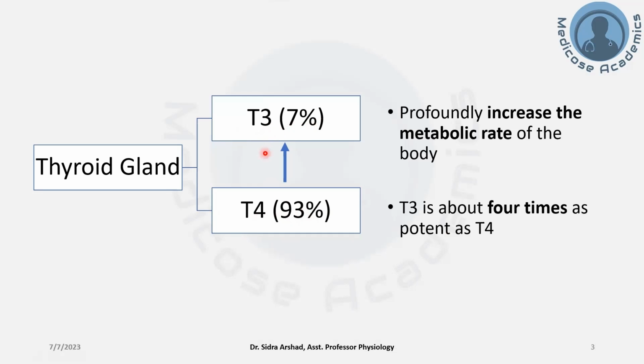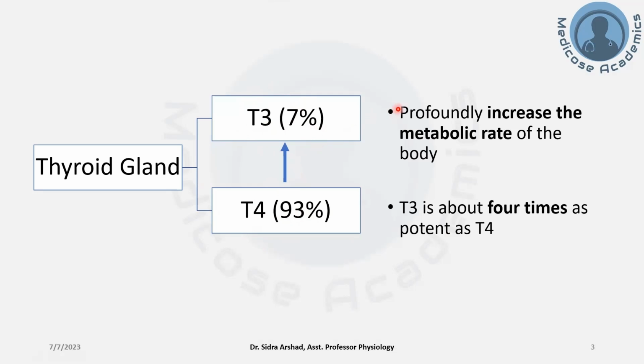However, in most of the peripheral tissues, the T4 is converted into T3 because T3 is about 4 times as potent as T4. So most of the actions of thyroid hormones are actually mediated by T3, and T4 undergoes peripheral conversion into T3. What exactly is the function of thyroid hormones?